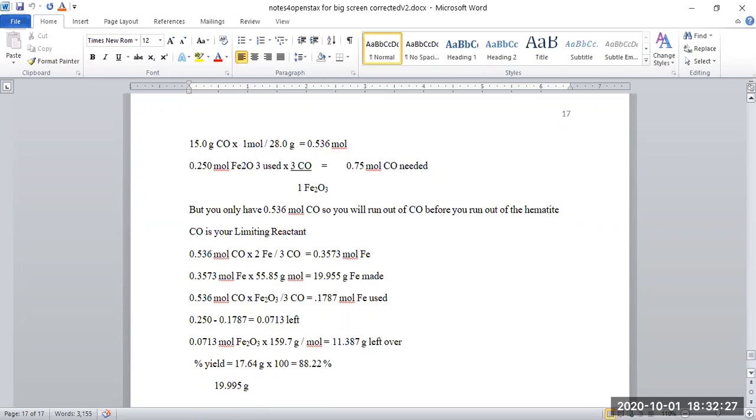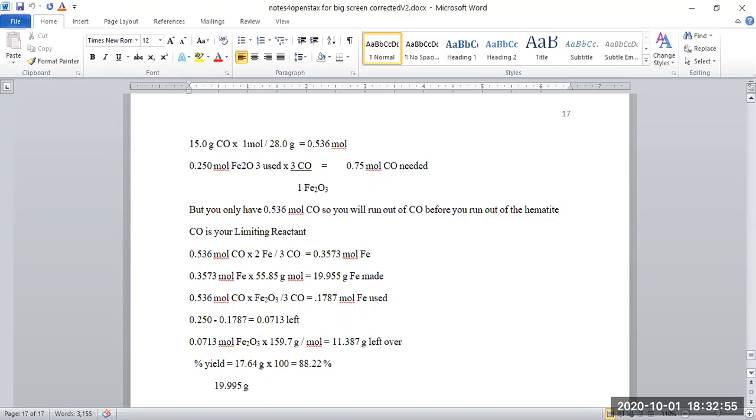I'm going to digress for a moment here. Since my carbon monoxide was my limiting reactant, that means my iron oxide was my excess. How much didn't get used? Well, back to ratios again. I have a 1-to-3 ratio. I used up 0.1787 of my iron oxide.